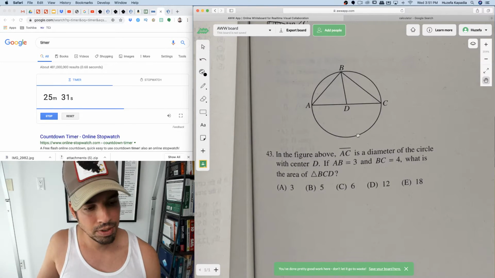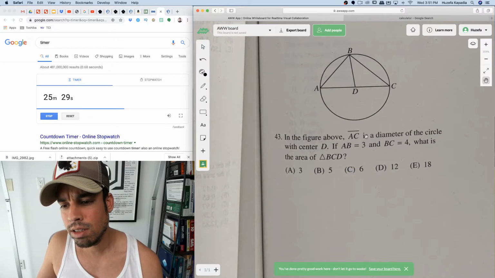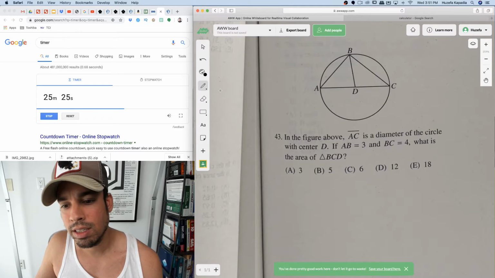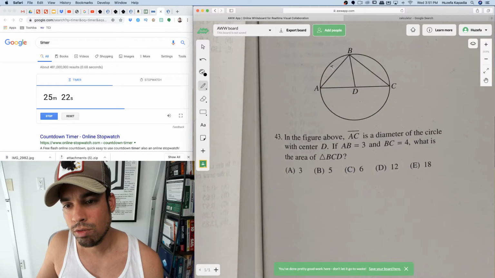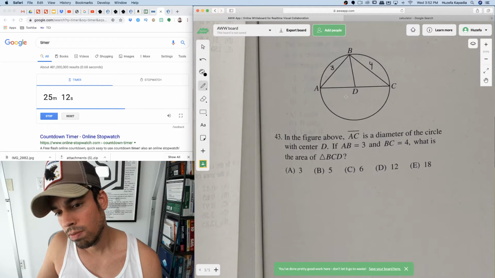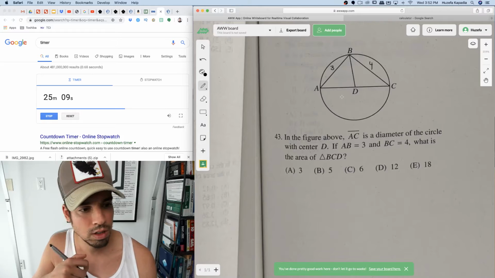In the figure above, AC is a diameter of the circle with center D. If AB equals 3 and BC equals 4, what is the area of BCD? Hold on a second.